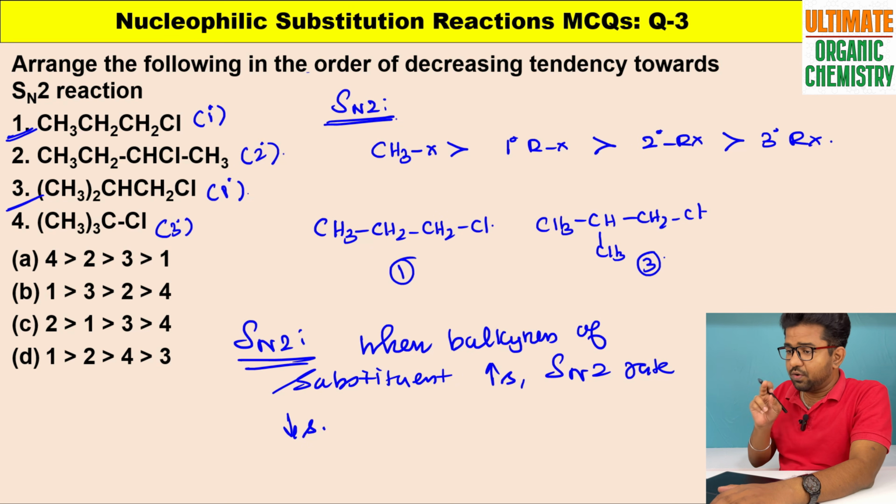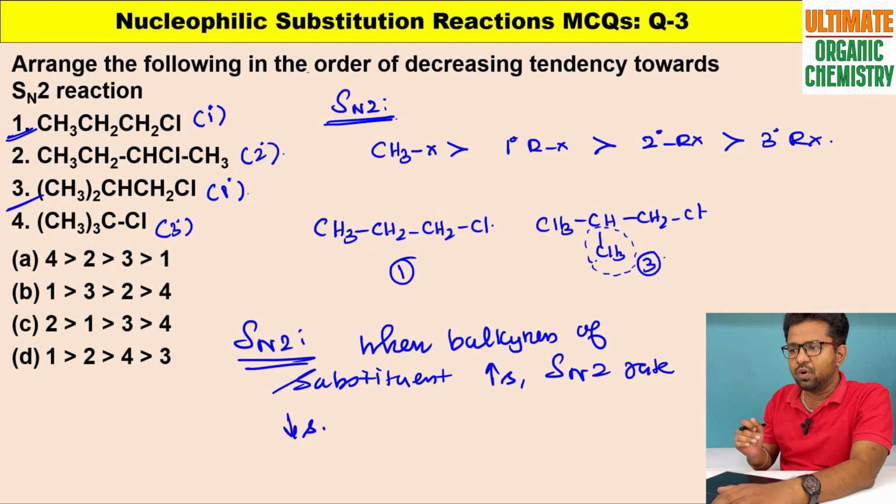So when you compare compound 1 and compound 3, in compound 3 you have a methyl group, which is quite a larger group. So compound 3 consists of one extra bulky group. When the bulky groups increase, obviously the SN2 reaction rate will decrease, because in SN2 reaction a transition state will be formed. If the molecule has more bulky groups, there will be huge steric hindrance in the transition state. So the transition state will become less stable.